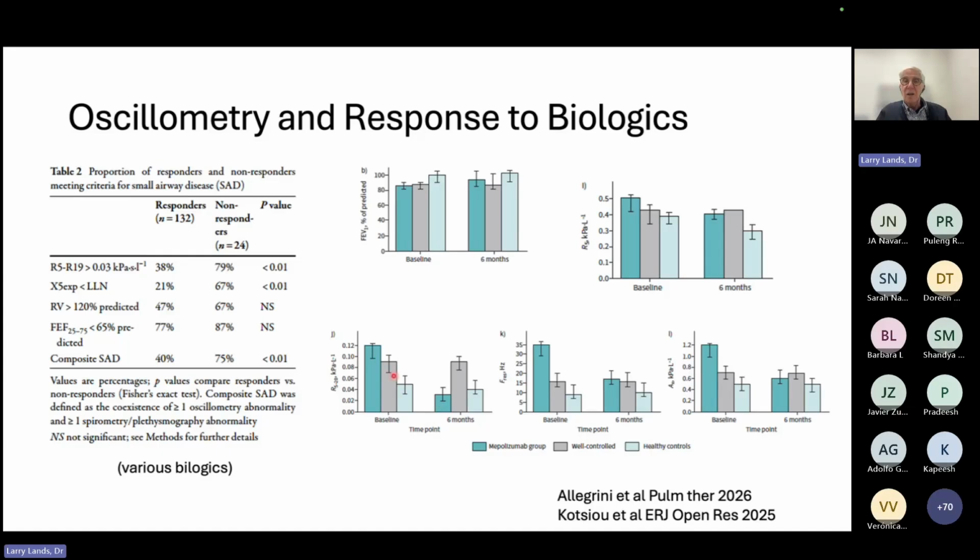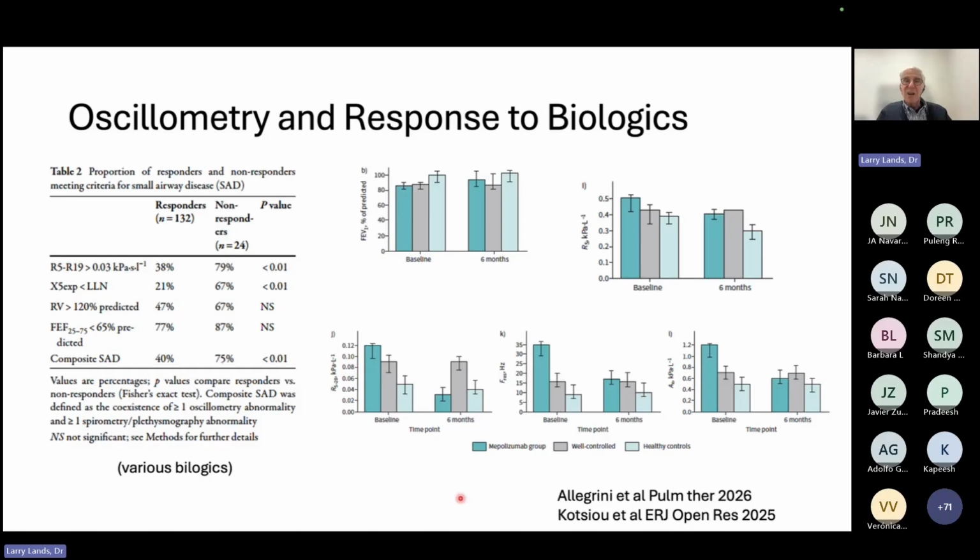I also want to highlight well-controlled asthmatics. Notice it didn't change over 6 months. Give you some comfort that these subjects not only seem well controlled, but that these values are reproducible. Similarly, in the healthy population, you can see that these are fairly reproducible.